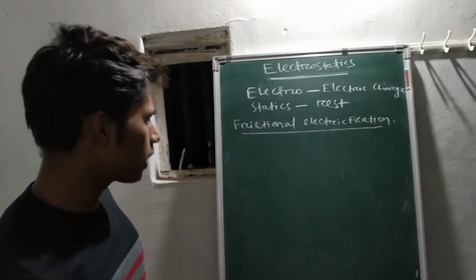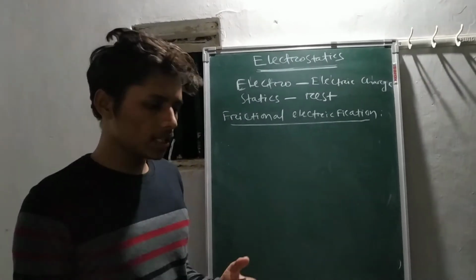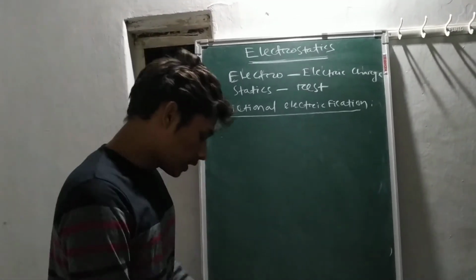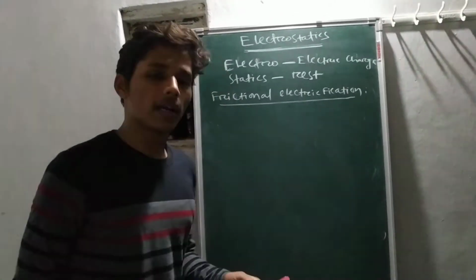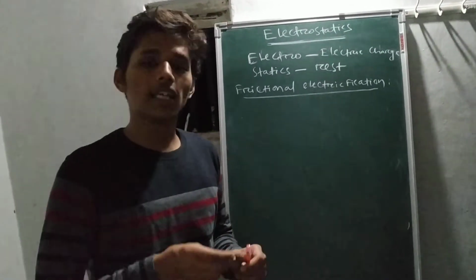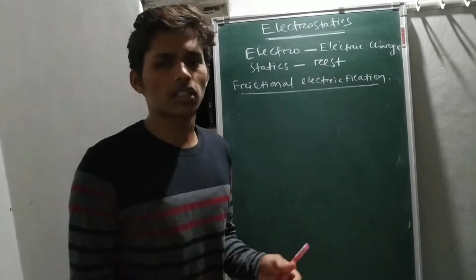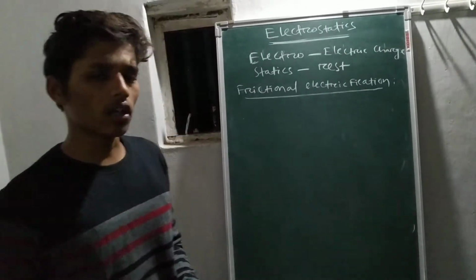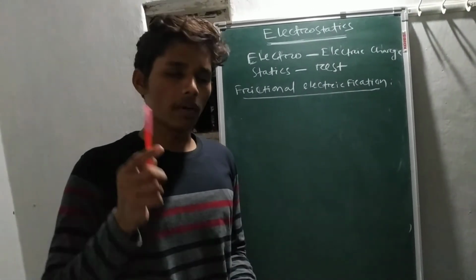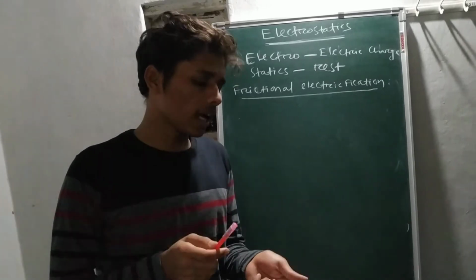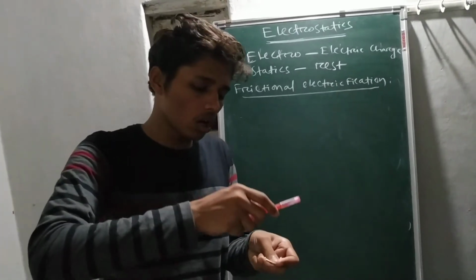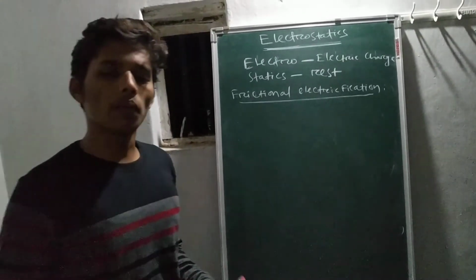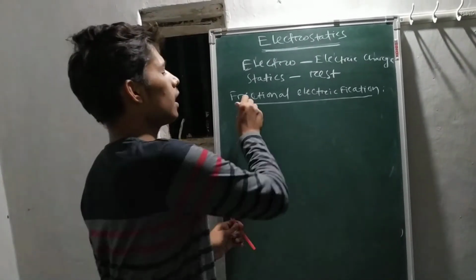You also know that when a material is rubbed with another material, friction is created. Suppose I consider two materials; when I rub them, there is electrification. This type of electrification is known as frictional electrification. Suppose I consider a pen, and when I rub it with my hand and bring it close to paper, the paper is attracted by the pen. This type of electrification is known as frictional electrification.